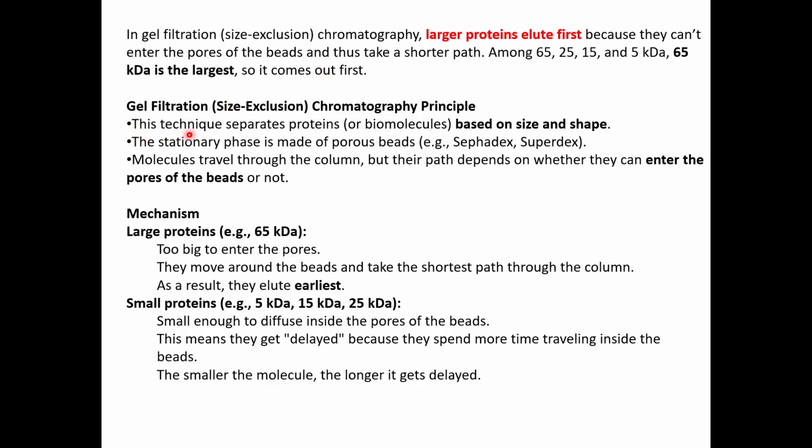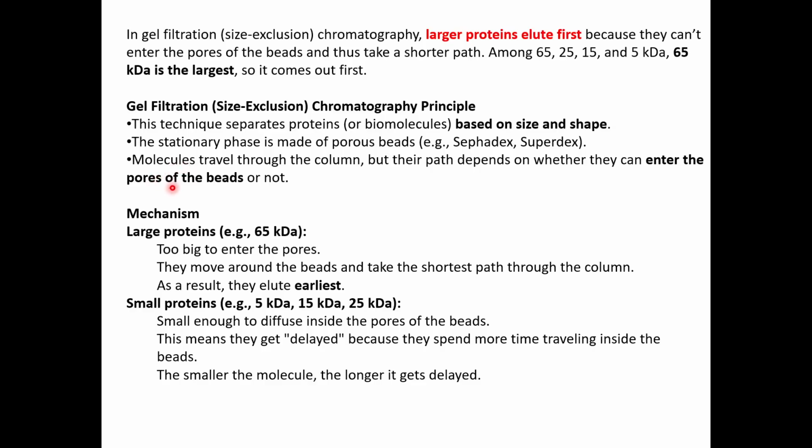So this technique separates protein based on size and shape. The stationary phase is made of porous beads, Sephacryl, Superdex. Molecules travel through the column, but their path depends on whether they can enter the pores of the beads or not. So your proteins will take two paths here basically, depending on their size and depending on the size of the pores in your beads.